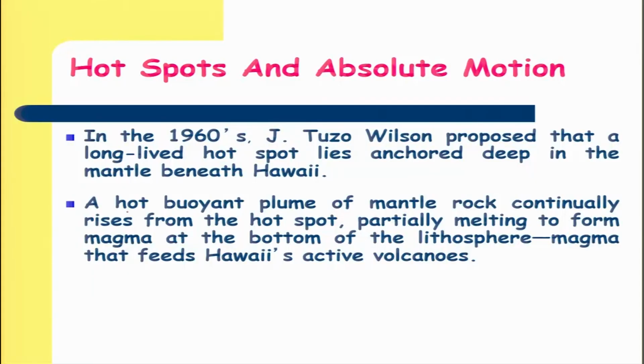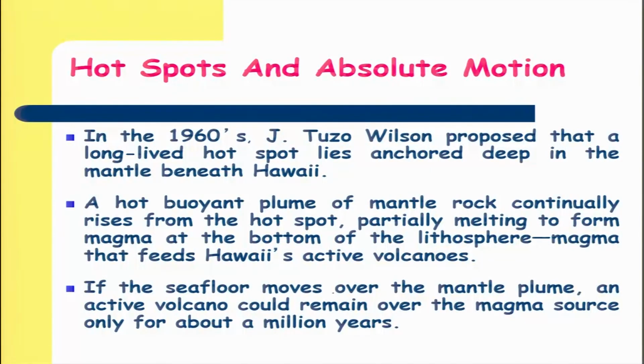Further, a hot buoyant plume of mantle rock continuously rises from the hotspot, partially melting to form magma at the bottom of the lithosphere, and this magma feeds Hawaii's active volcanoes. So this is the source of the magma which feeds the active volcanoes.